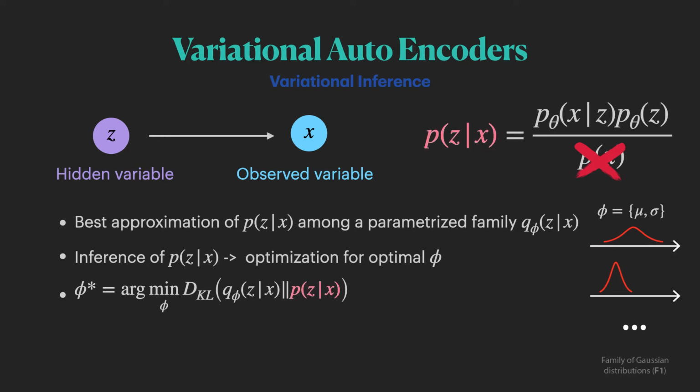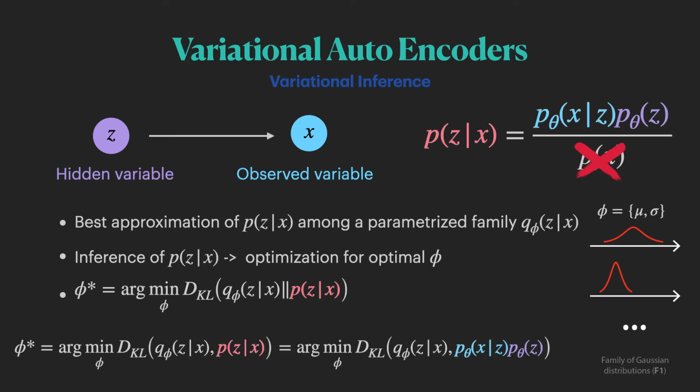But wait, we still have this posterior in our expression, so how can we optimize for that? It turns out we don't really need the normalized posterior. We don't need to normalize it by p of x. It's enough to use the numerator. Why is that true?